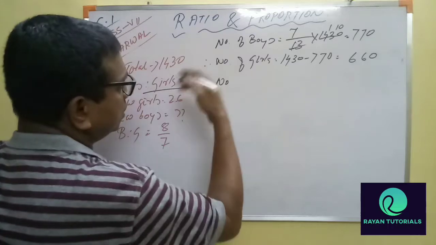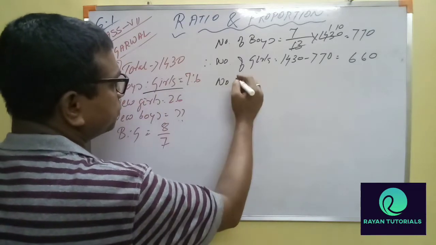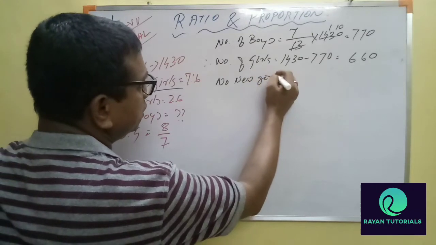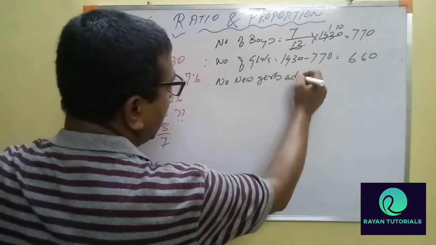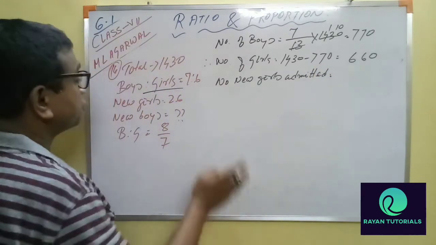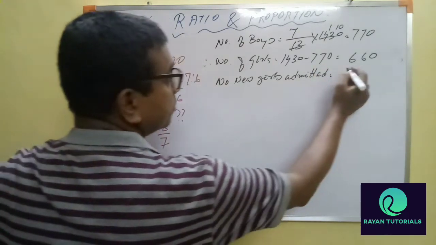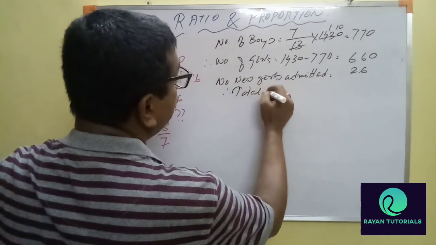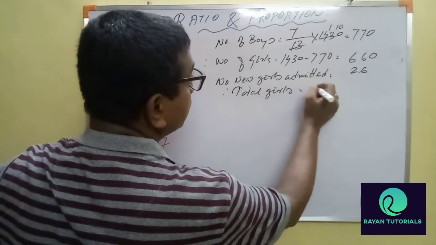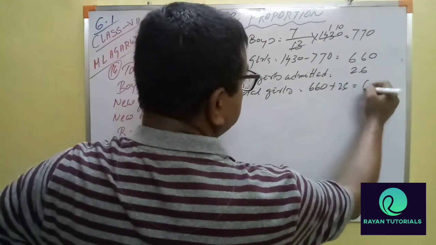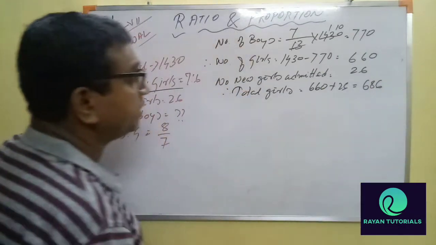Now, new girls admitted. How many? 26. Therefore, total girls 660 plus 26, 686.